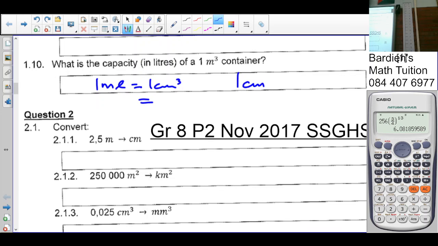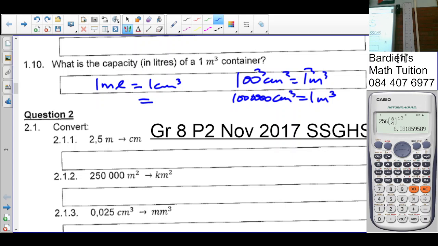How many centimeters are there in a meter? 100 centimeters equal 1 meter. So cubed, it's going to be 1,000,000 centimeter cube equal to 1 meter cube. Okay?